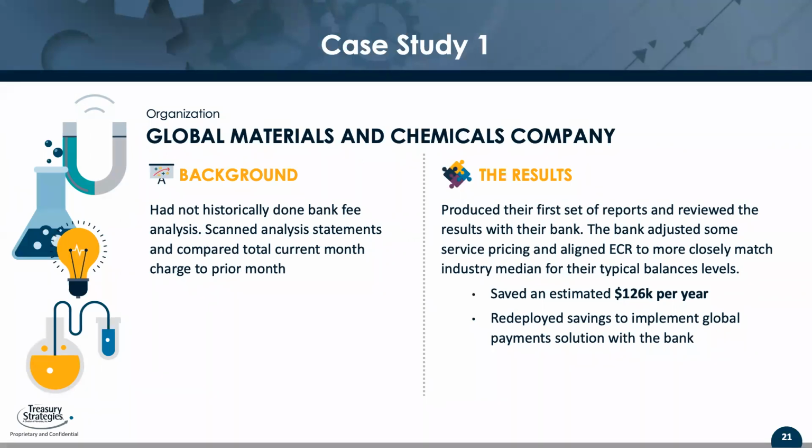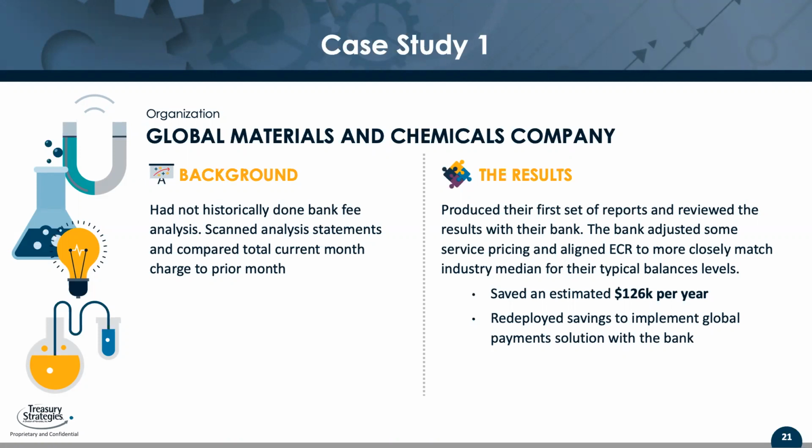Well, they had gone through and signed up for the product, and we ran their first set of reports, and they actually sat down and reviewed the results with their bankers. In going through that report, the bank acknowledged there's some room for improvement, and agreed to adjust some of the service level pricing, I believe as it related to their lockbox, if my memory serves, and also aligned their ECR to more closely match the industry for their specific balance levels and average balance levels.